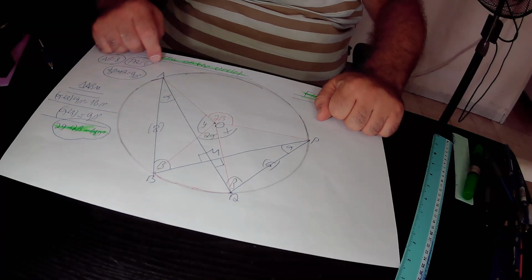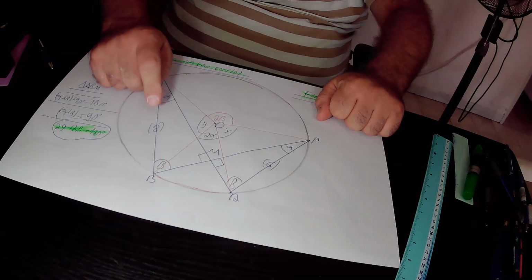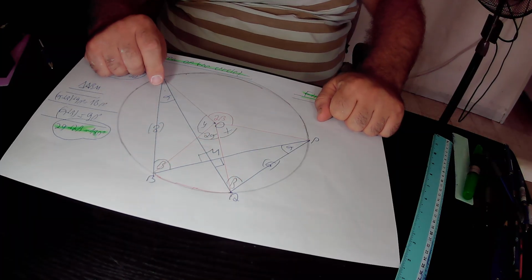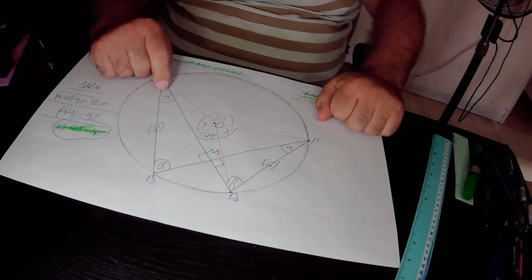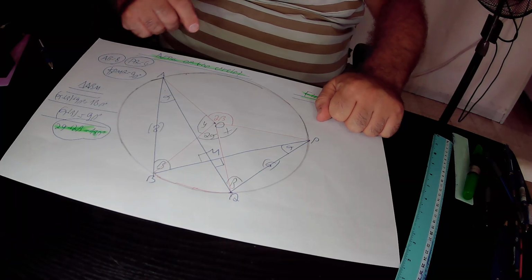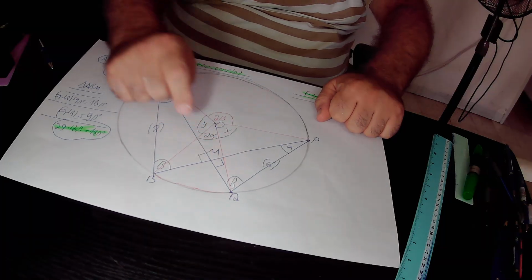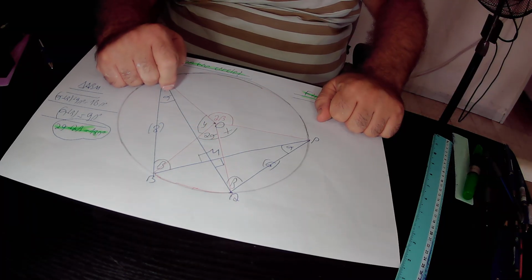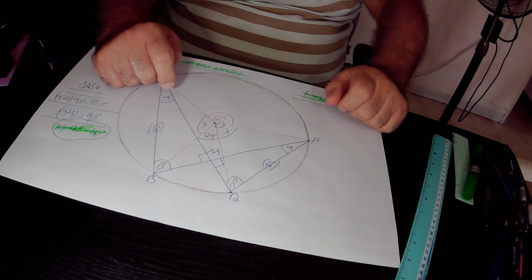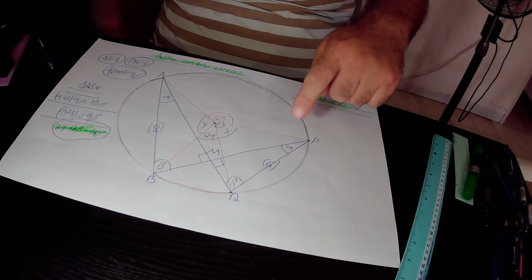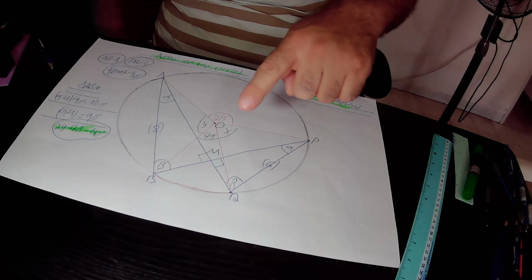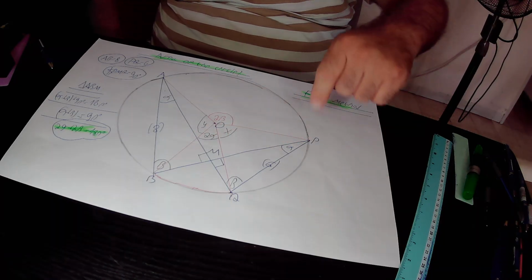We have peripheral angle BAQ that subtends on arc BQ, and it is equal to alpha in size. We don't know the size of this peripheral angle. Likewise, we have another peripheral angle BPQ that subtends on the same arc BQ.